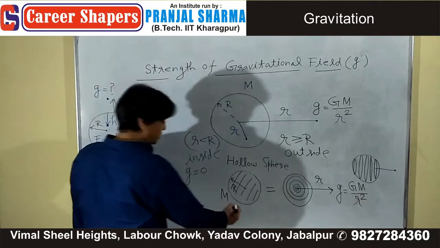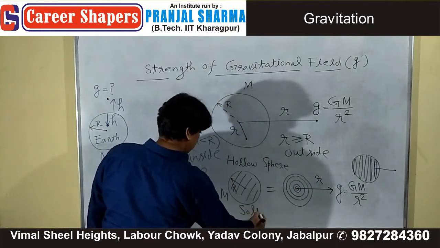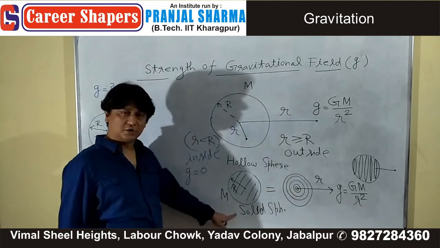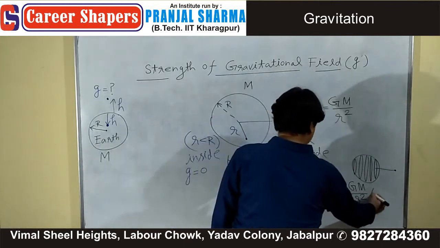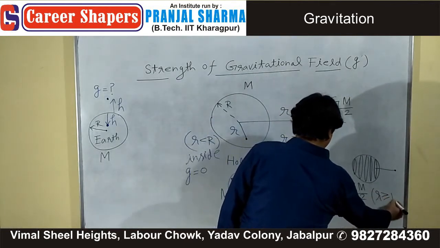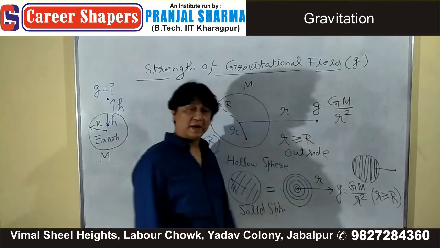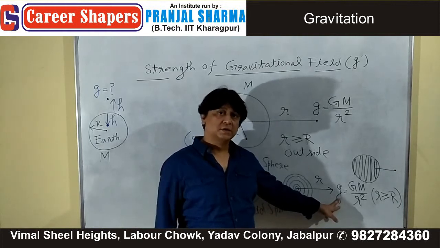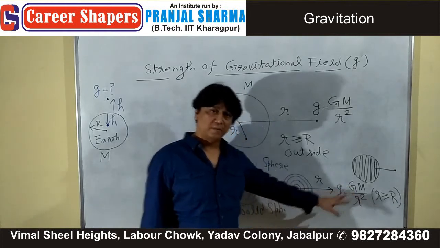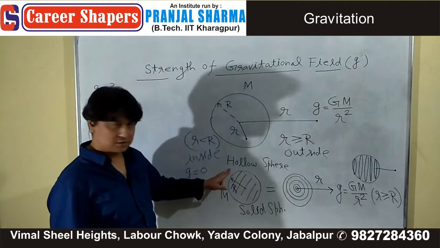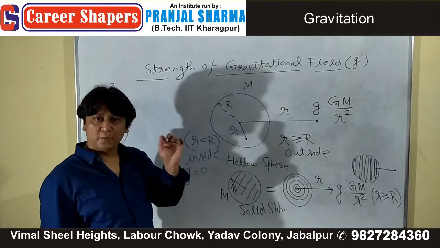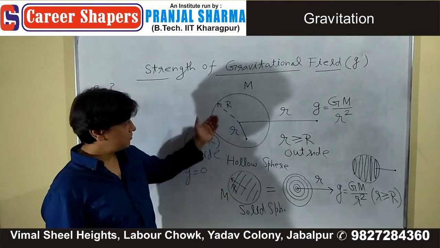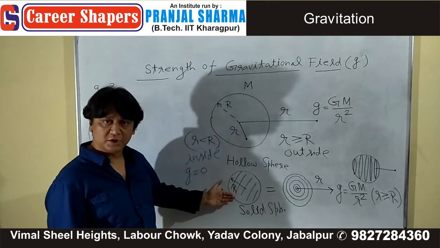That means if you have a solid sphere, then for the solid sphere, for outside points, that is r greater than or equal to capital R, the gravitational field is simply Gm by r square. That means again, replace the whole mass of the solid sphere with a point mass and place that point mass at the center. Hopefully you understand that from this only we could develop this part.